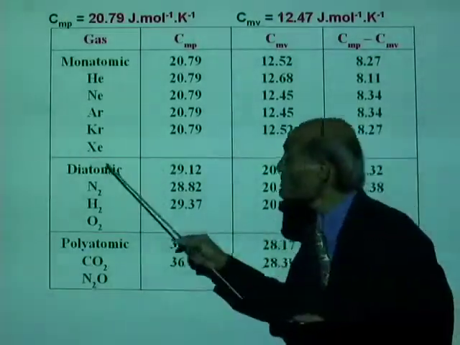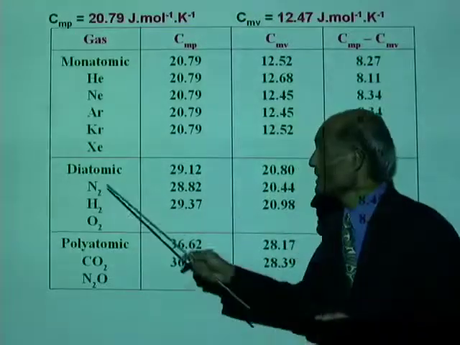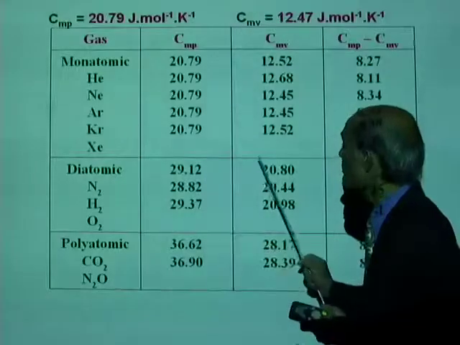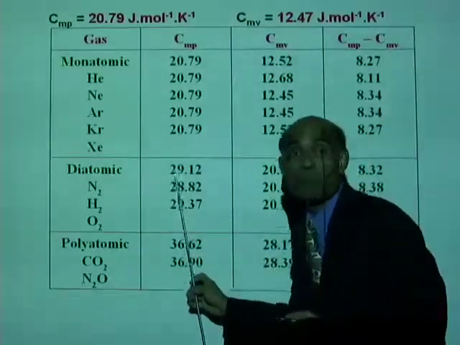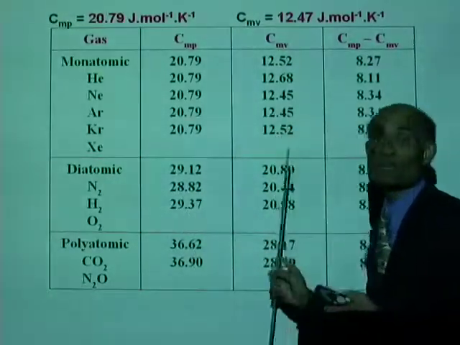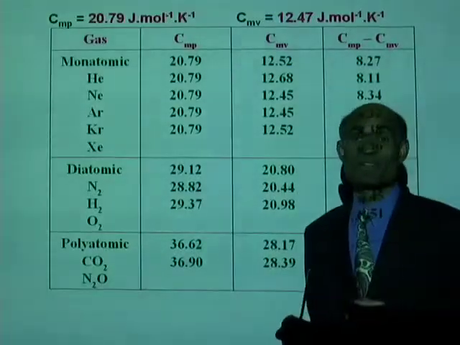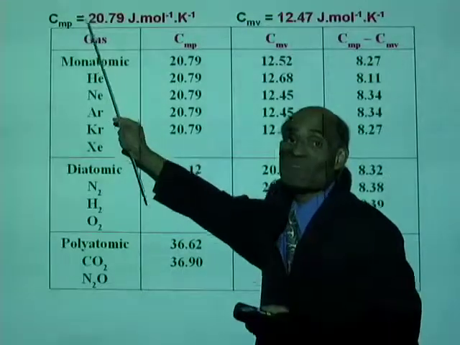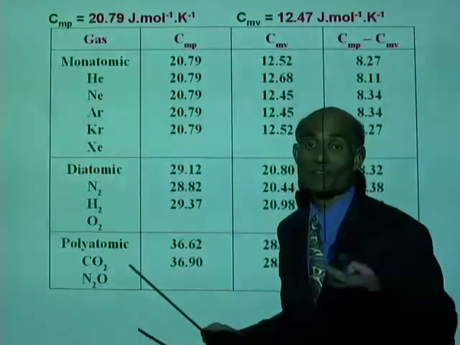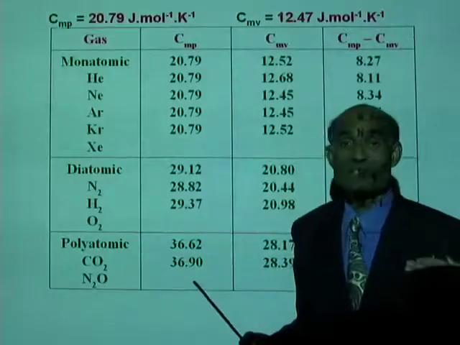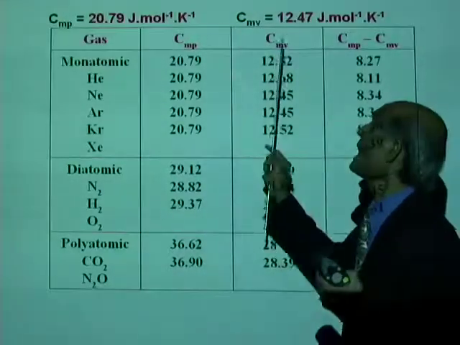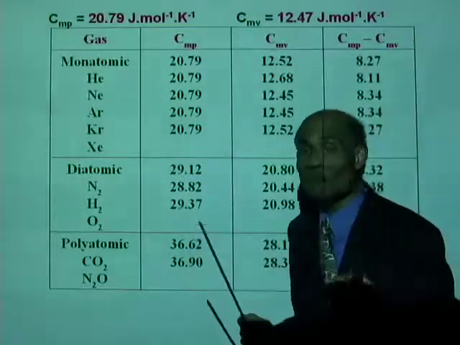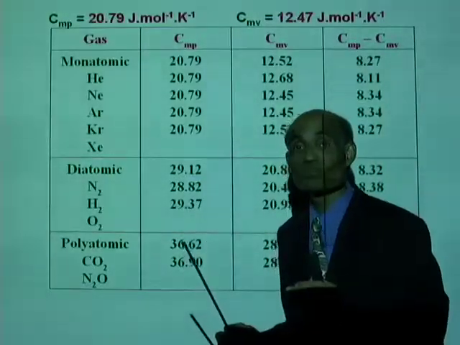But come to diatomic molecules, nitrogen, hydrogen, oxygen, there is a big difference between the measured experimental values and the theoretical values. The theoretical values suggest that all gases must have this as the molar heat capacity at constant pressure, and all gases must have this value as the molar heat capacity at constant volume.